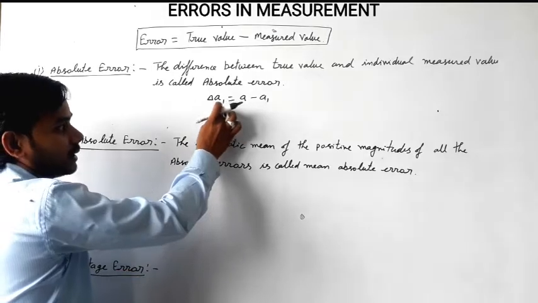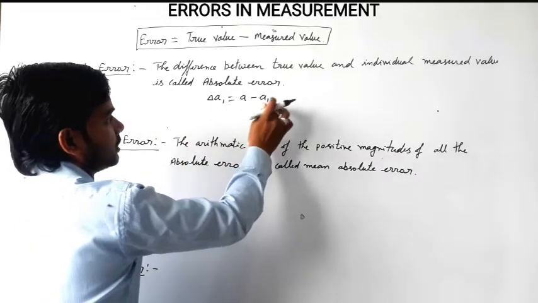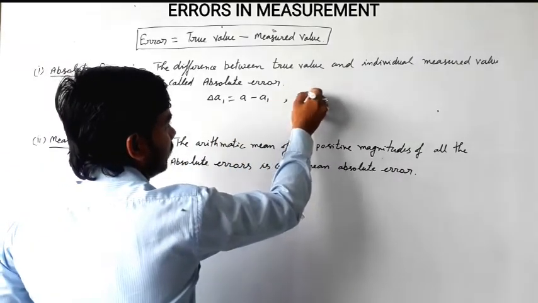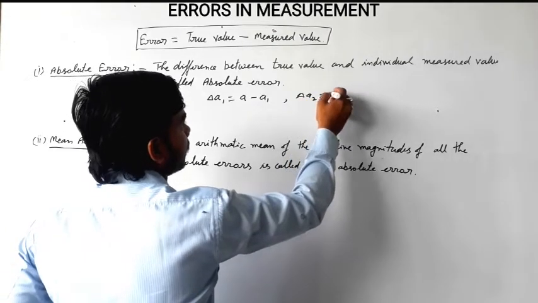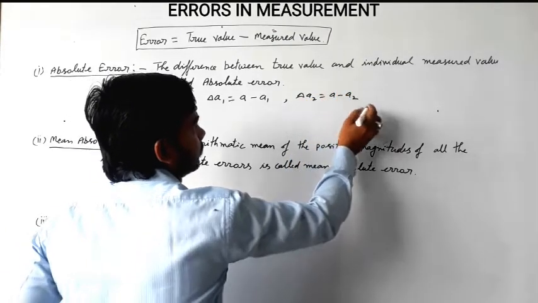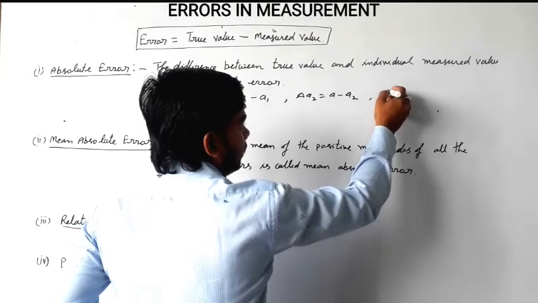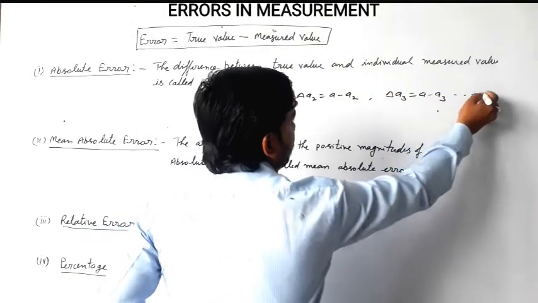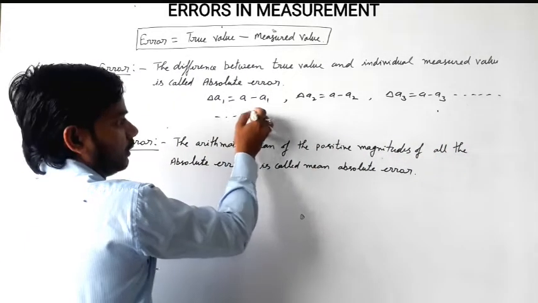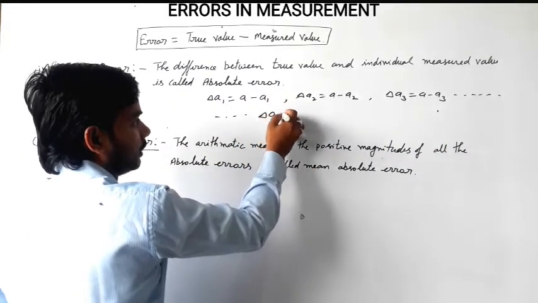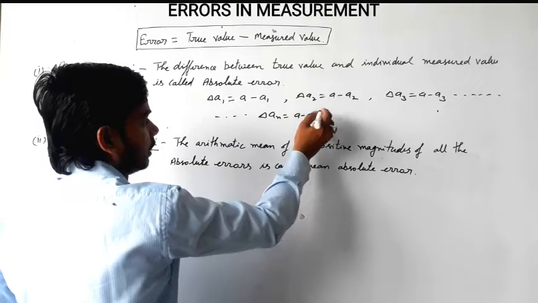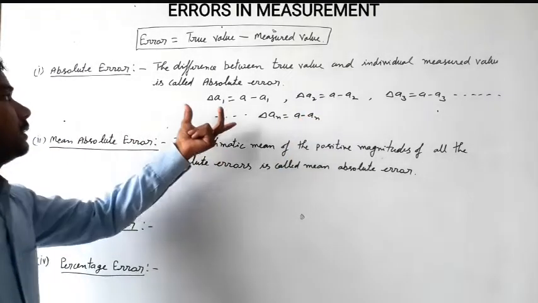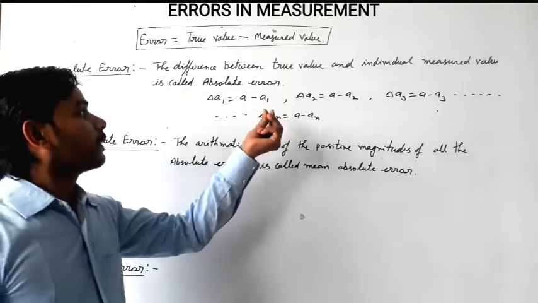This is the absolute error in the first measurement. Now for the second, delta A2 equals A minus A2, delta A3 equals A minus A3, and so on. For n, delta An equals A minus An. So this is the absolute error.